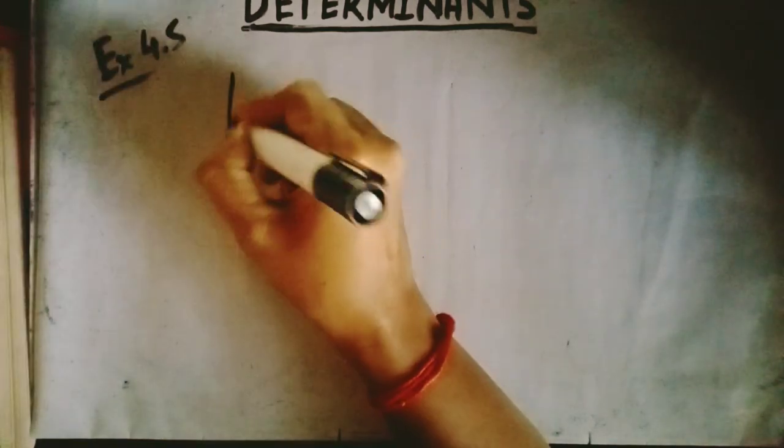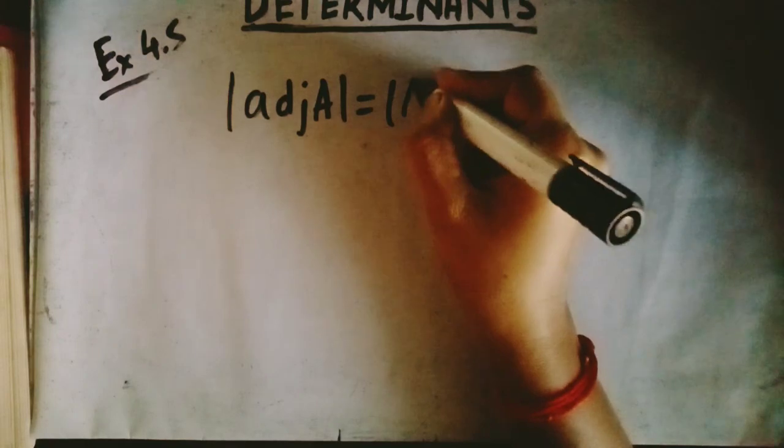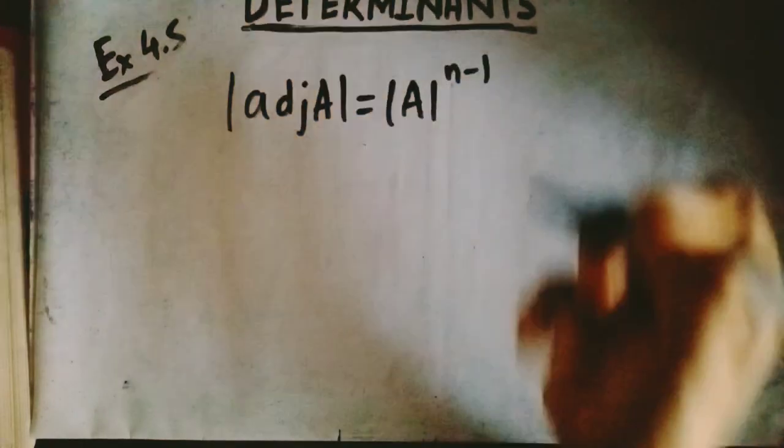Question 17, which is an MCQ. Let A be a non-singular square matrix of order 3 by 3, then the determinant of adjoint of A is equal to? For this you have to use the theorems which we have learned: determinant of adjoint of A equals determinant of A to the power n minus 1.